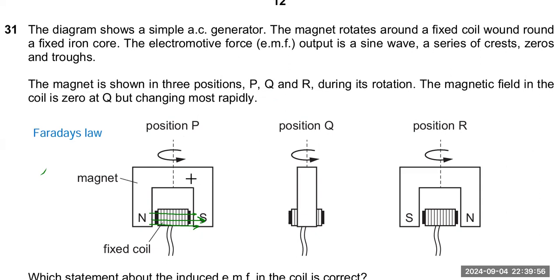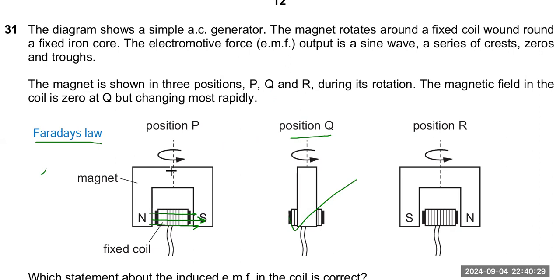But when the magnet is rotated, as a result, it gets a new position, that is Q. Due to the rotation of that magnet, the magnetic lines of force passing through the coil will change. So when the magnetic lines of force change, according to Faraday's law, EMF will be induced in the solenoid that is shown in front of you.